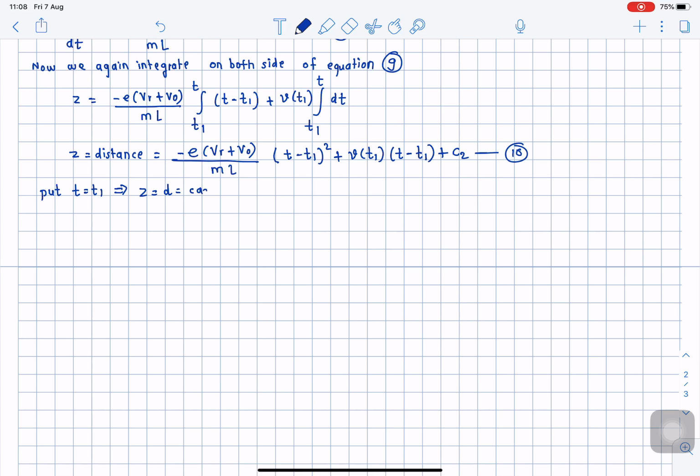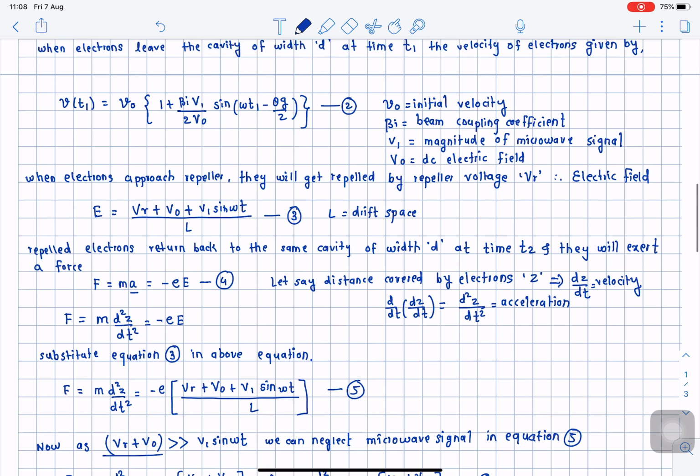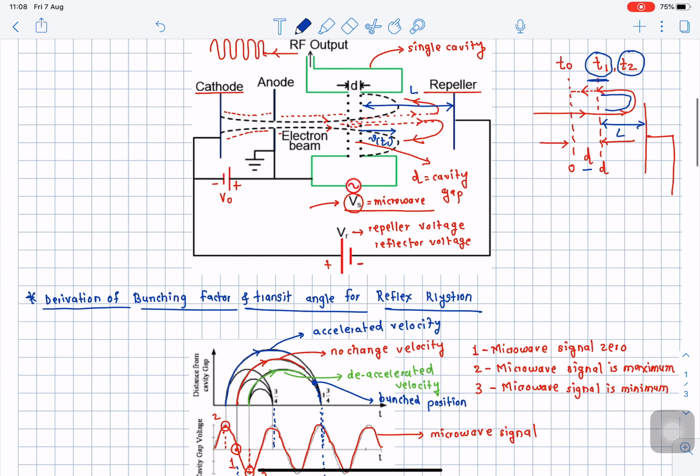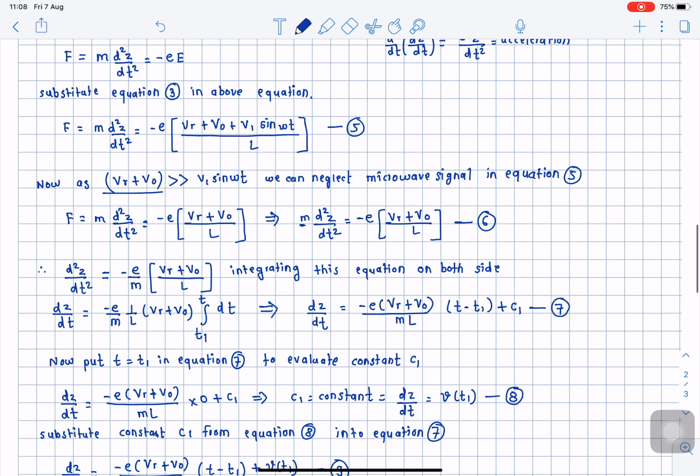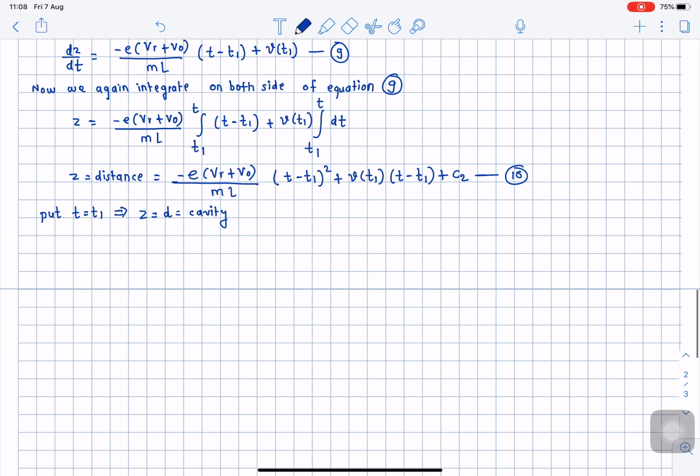See over here, at t is equal to t1, refer to this particular diagram. At time t is equal to t1, the distance covered is equal to small d. So the distance z will become small d at t is equal to t1. You substitute.